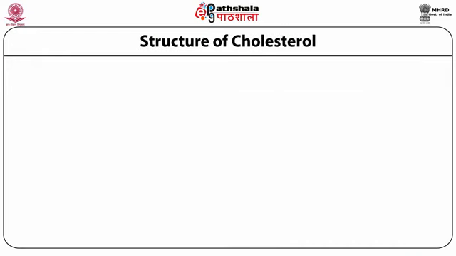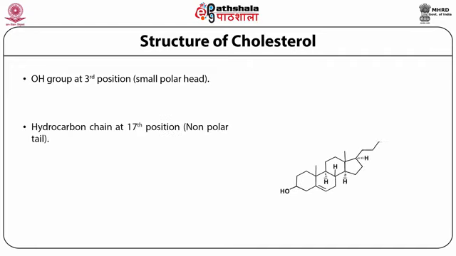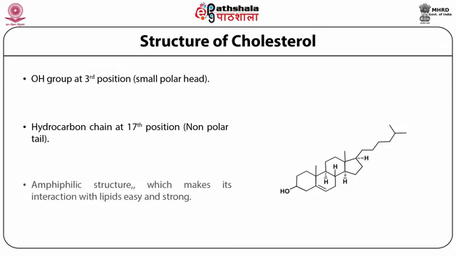Cholesterol has a hydroxyl group OH at the third position, which forms a small polar head. The nonpolar tail is formed by the hydrocarbon chain, which is present at the 17th position. Cholesterol too has an amphiphilic nature like lipids, which makes its interaction easy and strong.